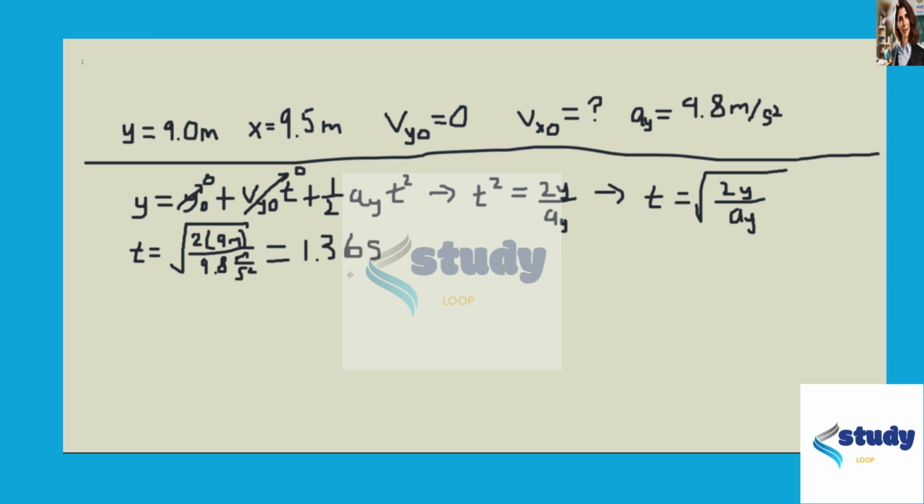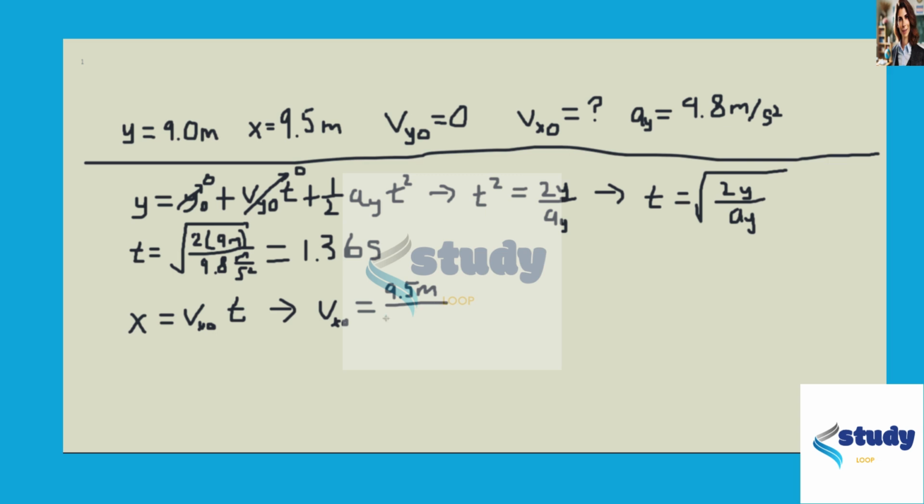All right, now that we know how long it's going to travel, we can use the fact that it traveled a distance of x, which is equal to v of x times the time. So v of x0 is equal to the distance traveled divided by the time, which is 9.5 meters, right?